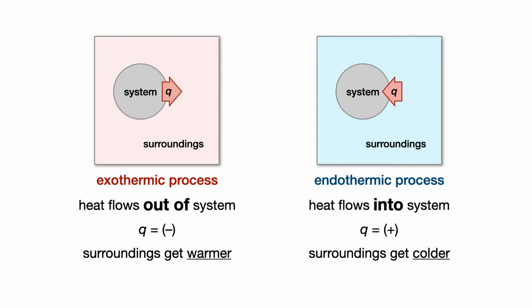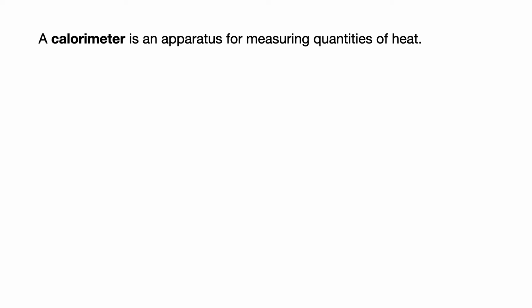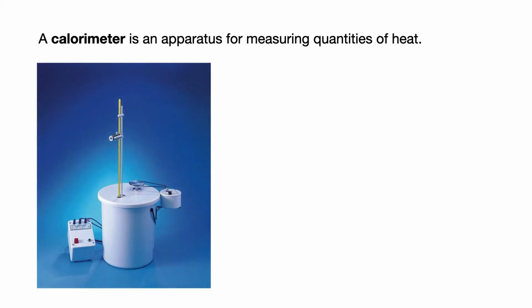When you are interested in measuring the magnitude of heat flowing into or out of a system, any apparatus that you would use for doing this measurement is called a calorimeter. And all calorimeters fundamentally consist of some container with insulated walls. You can have very fancy, sophisticated calorimeters.